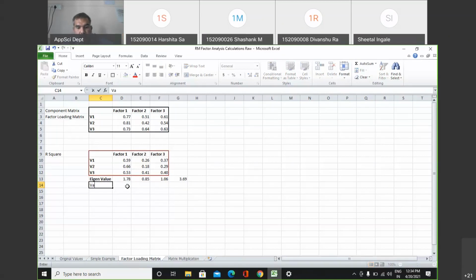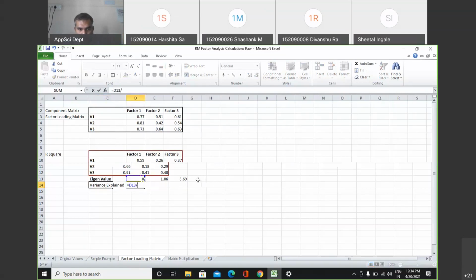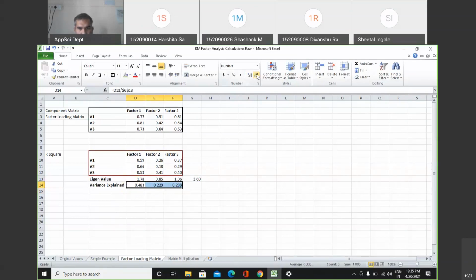And variance explained, percentage of variance explained. We can convert it into percentage, which makes more sense.